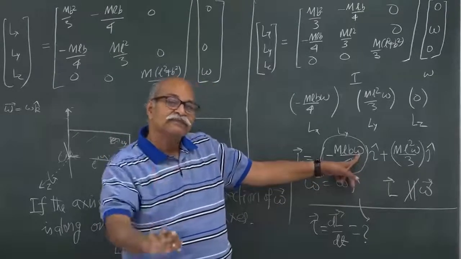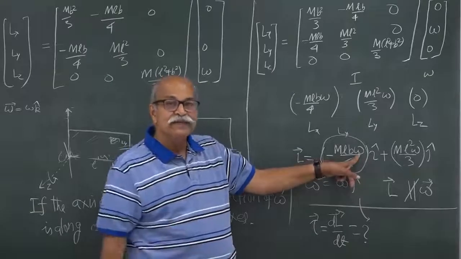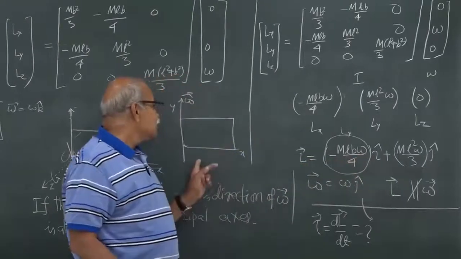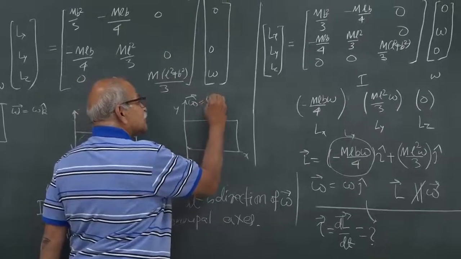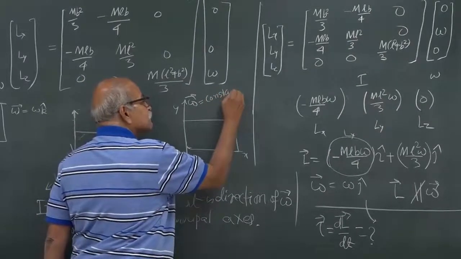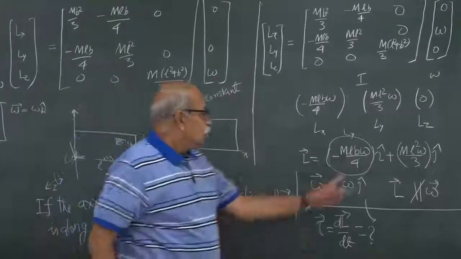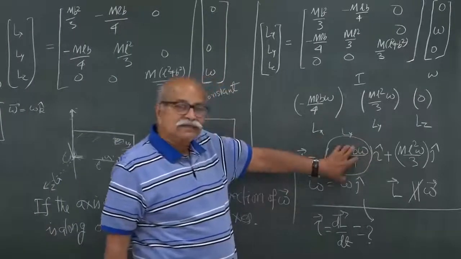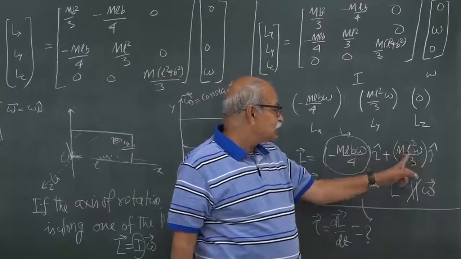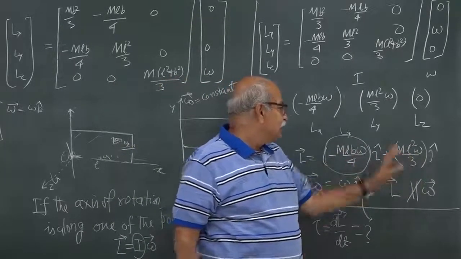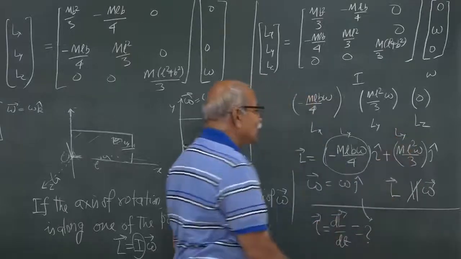I give you this plate is rotating about this y axis with a uniform velocity omega. So, this omega does not change with time. So, this Lx is constant. Come to Ly, m is constant, L square constant, omega constant, 3 constant, so Lx is constant, Ly is constant.